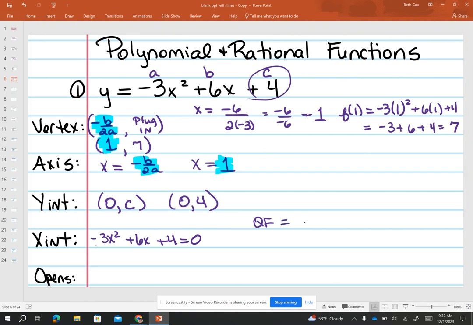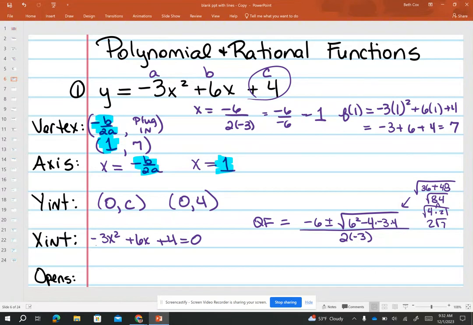And we're going to do negative 6 plus or minus the square root of b squared, just 6 squared, minus 4 times negative 3 times 4, all over 2 times negative 3. We're going to simplify that radical using our calculator as needed. And I'm going to get 36 plus 48, which is going to give me 84. That's 4 times 21. So that's going to be 2 square root of 21.